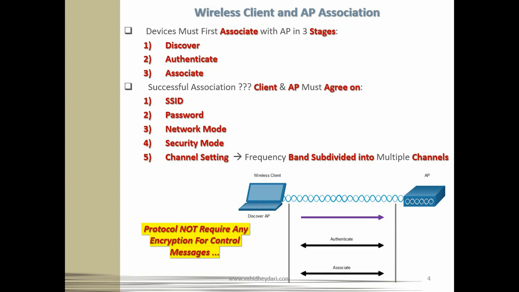So, the idea that I'm going to rely on is that this protocol does not require any encryption for control or management messages by design and in definition, and that's why it is vulnerable. And if an attacker wants to exploit this vulnerability, we want to show that this is possible. So we need to think of a solution.